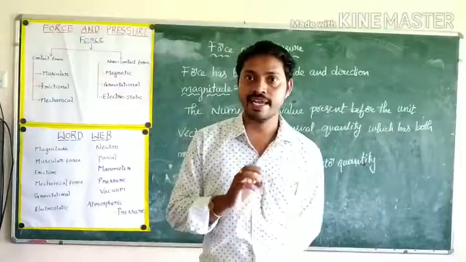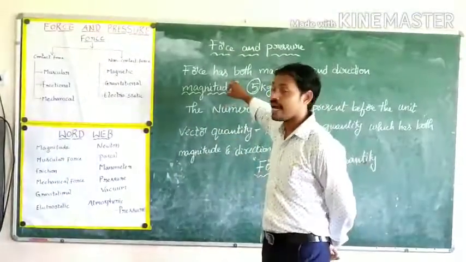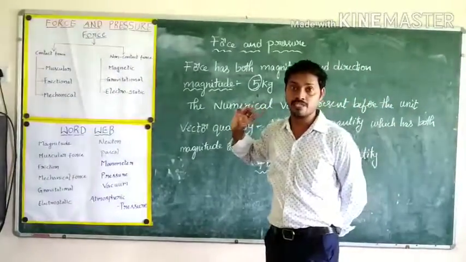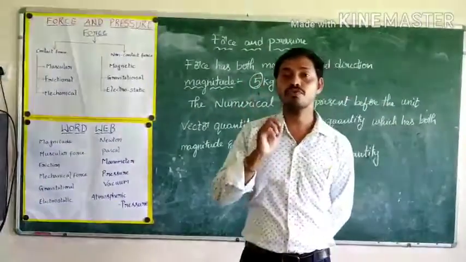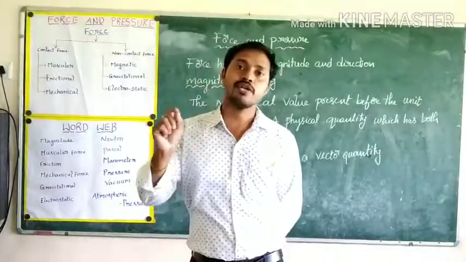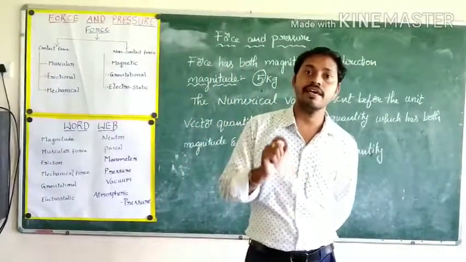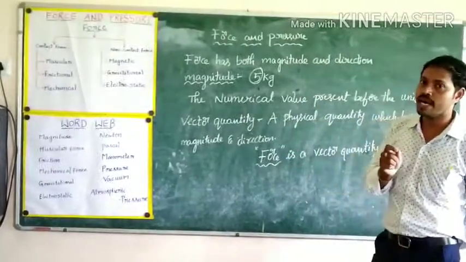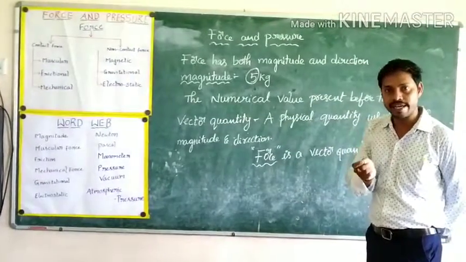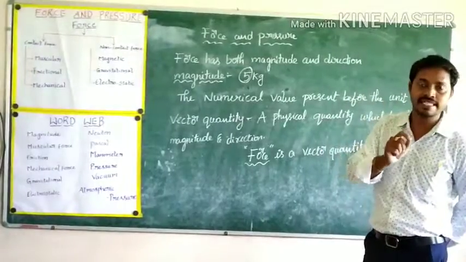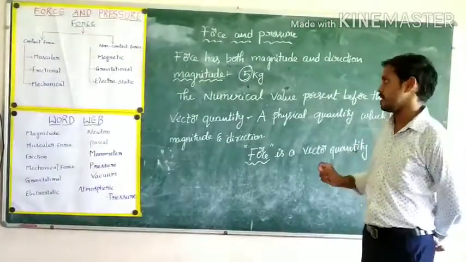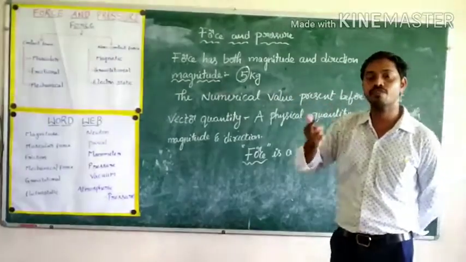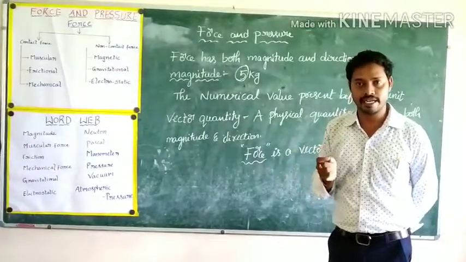Force has both magnitude and direction, so force is classified as a vector quantity. What is a vector quantity? A physical quantity which has both magnitude and direction is called a vector quantity. What is magnitude? The numerical value present before the unit is called magnitude.